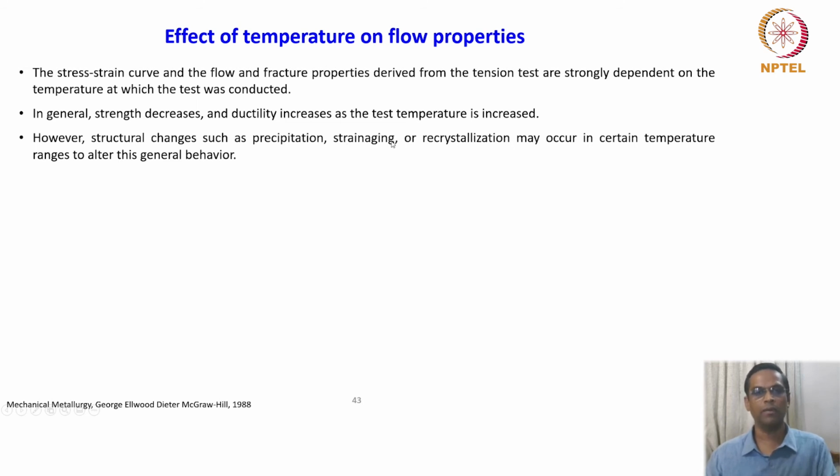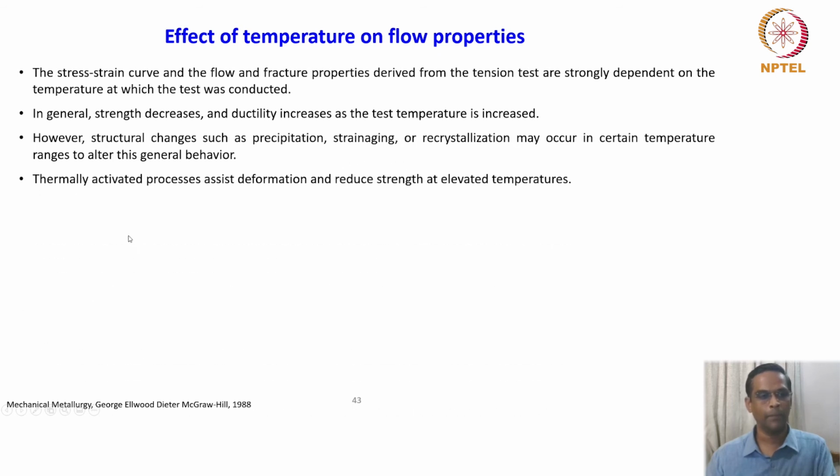Just before we have seen simply the pinning and unpinning of dislocation causes the strain aging behavior, and the recrystallization, grain growth. All these things you have to keep in mind. Thermally activated processes assist deformation and reduce strength at elevated temperatures.